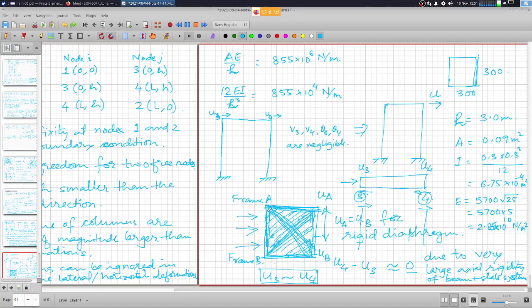So for example, if the columns of frame A are larger, so that it has larger flexural, lateral stiffness than frame B, then in order to maintain the same deformations of the two frames, UA and UB, both have to move by the same amount so that there is no axial deformation within the slab.